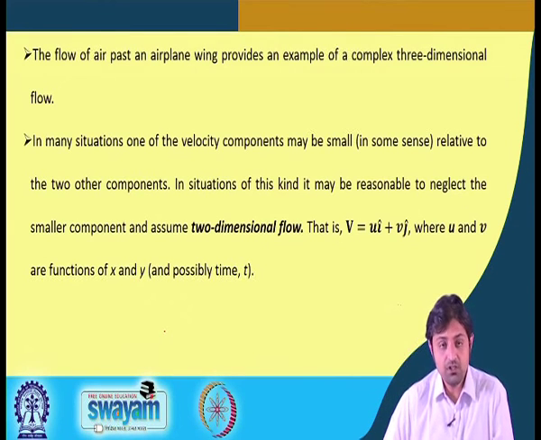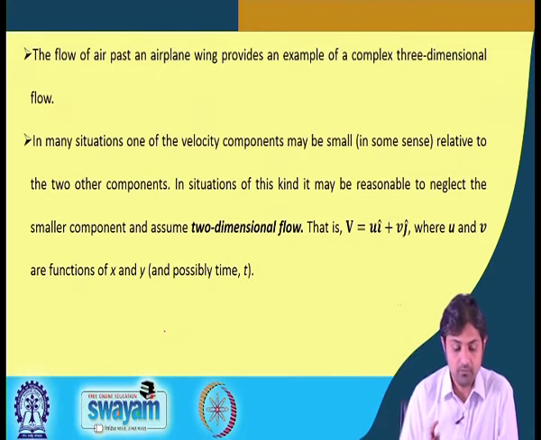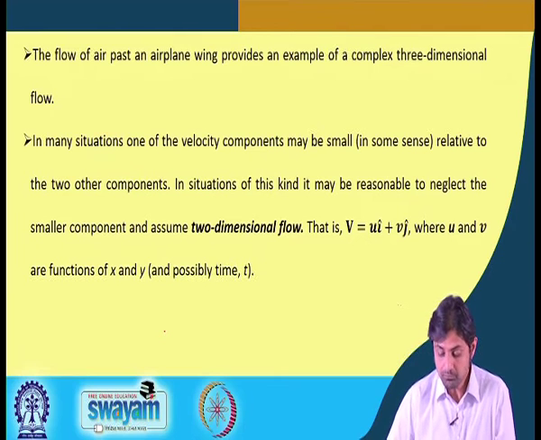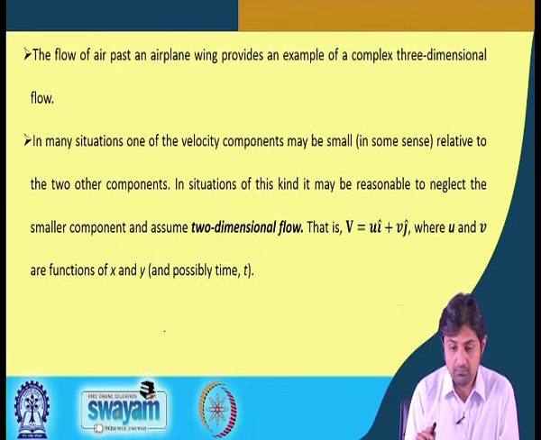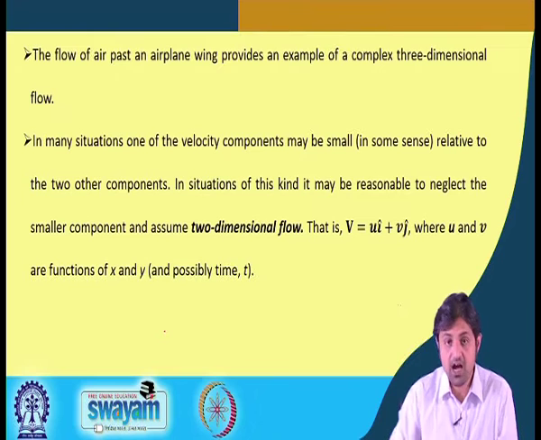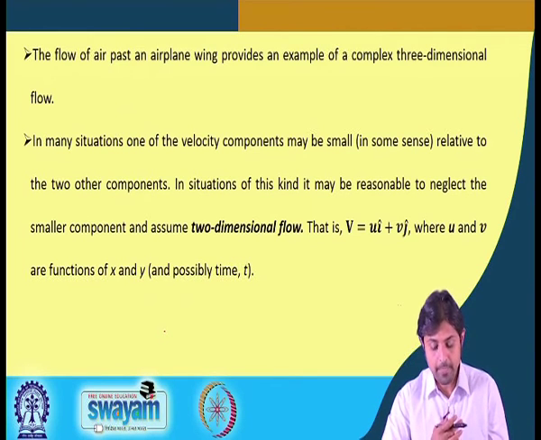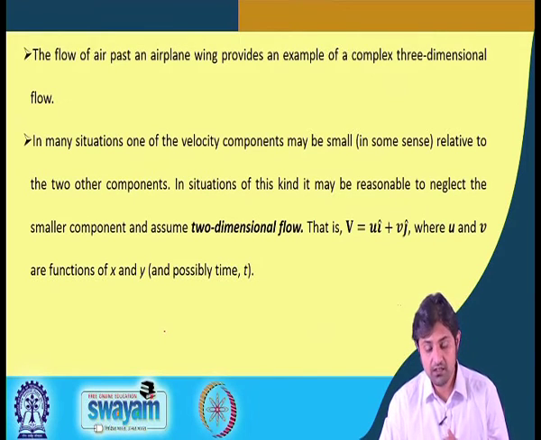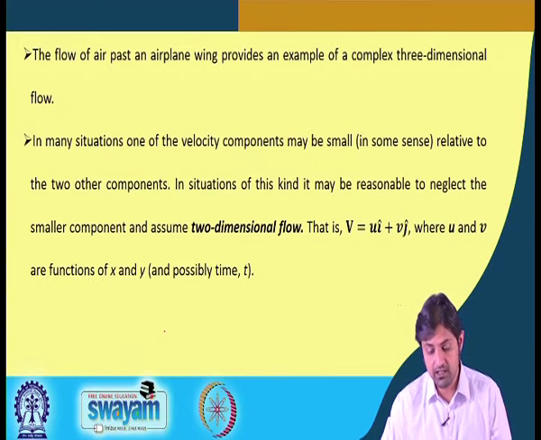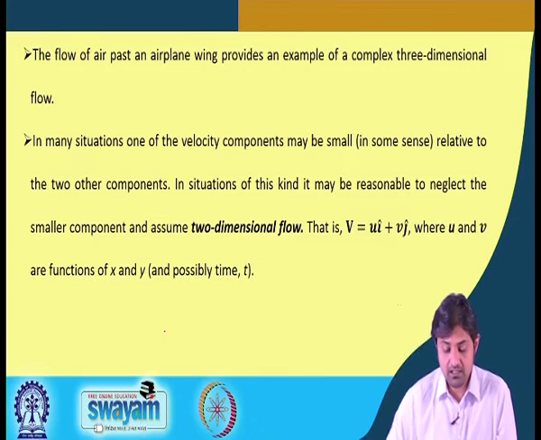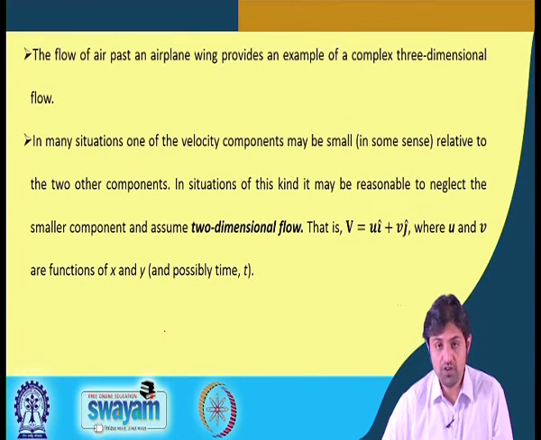In many situations, one of the velocity components may be small. This can happen anywhere. For example, suppose there is a large tank and there is a flow in the x direction, and the tank is infinite in the y direction, and in that case, if we don't give the speed in the y direction, that component is going to be very small.